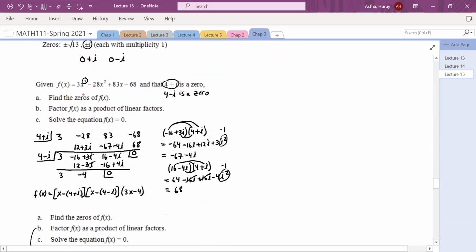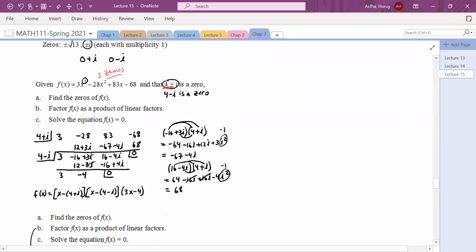And if we consider this polynomial again, we know 4 minus i is a 0. Remember, this one is degree 3, and from degree 3 we expect 3 zeros.